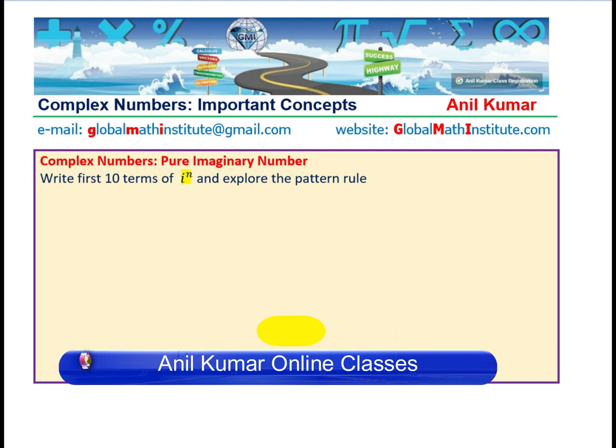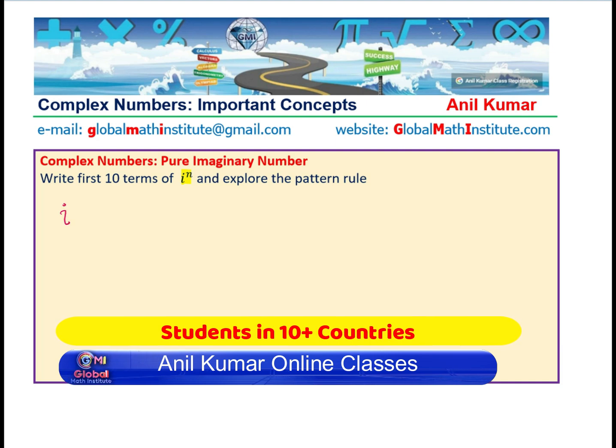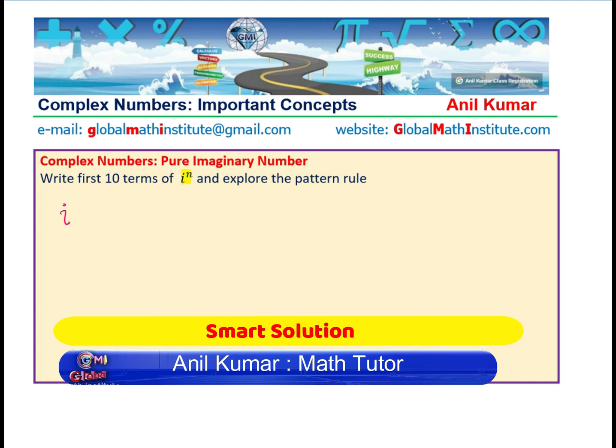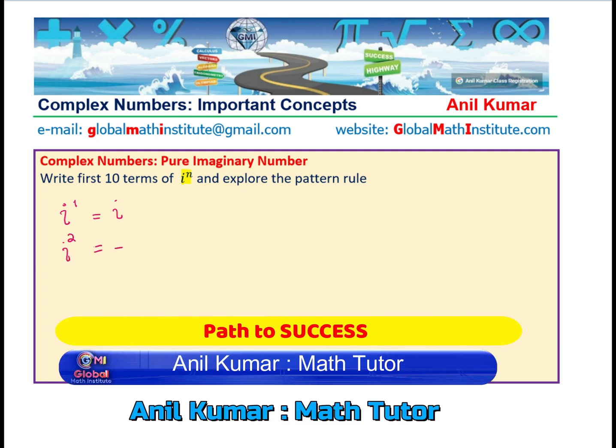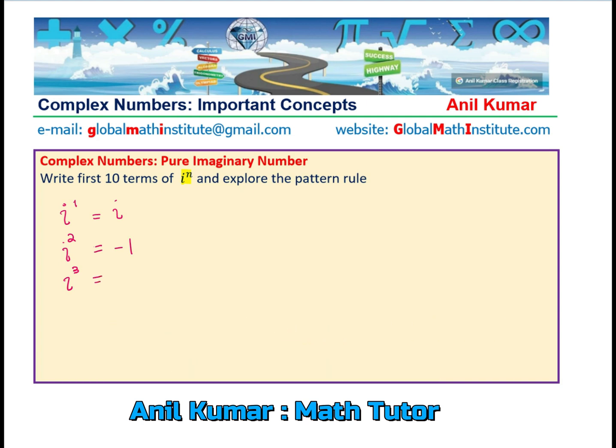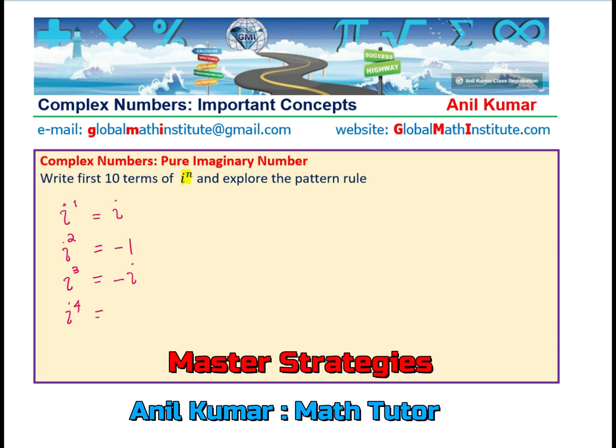As you know, the pure imaginary part of the complex number, i to the power of 1 will be just i, i square is negative 1, i cube will be multiply negative 1 with i, you get negative i. i to the power of 4 is multiply negative i with i, you get negative i square, negative of negative 1 will be positive 1.